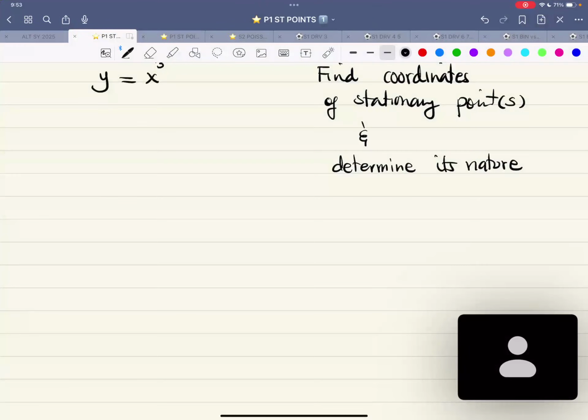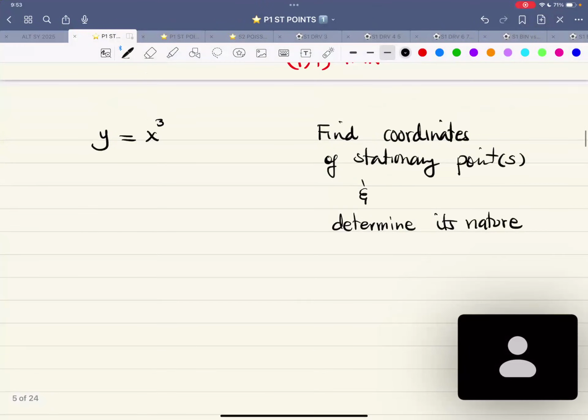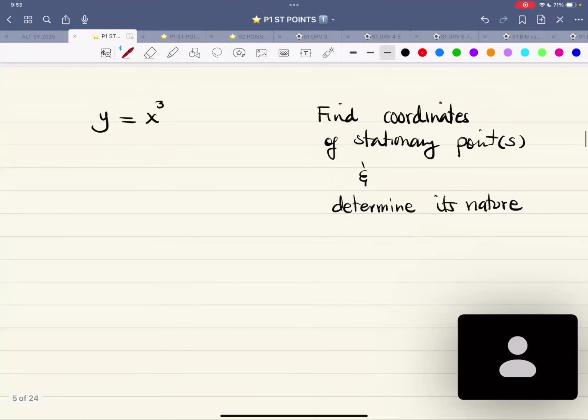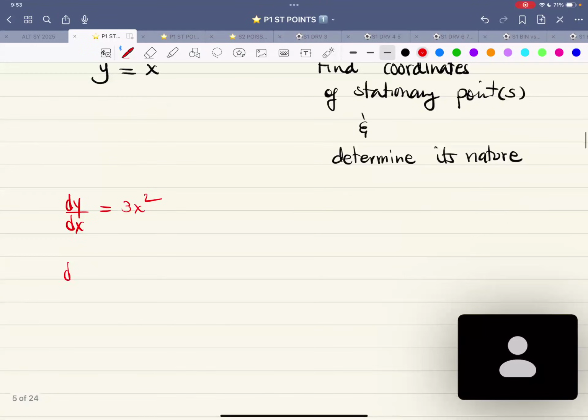Now, look at this particular question. What is so special about this question? Working wise, it's very simple. First of all, dy by dx equals 3x squared, and d square y over dx squared is 6x.